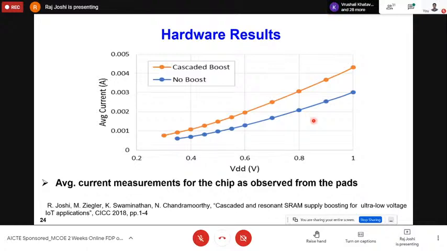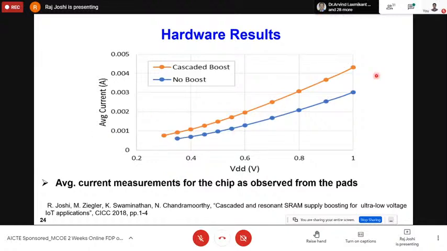So hardware data shows that if you don't use the boost, indeed you can get a smaller average current. That's correct. But the delta is not significant. And also you can bring down the voltage quite significantly, actually. Here in this zone, at around 0.4, 0.45, the chips do not even function without boost.